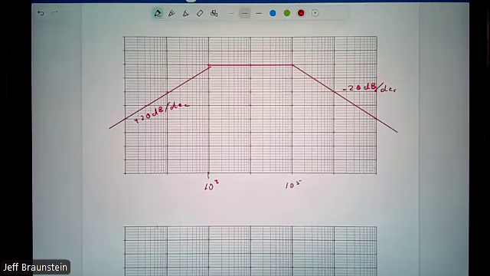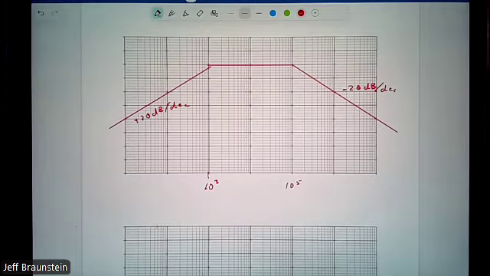How do we know it's a first order pole? Because when we cross a pole, the change in slope tells us the order. So we went from plus 20 dB per decade to effectively 0 dB per decade. It's a change of minus 20. So the slope changes by that factor.